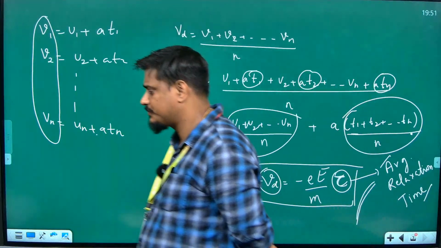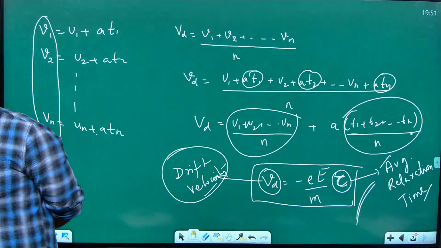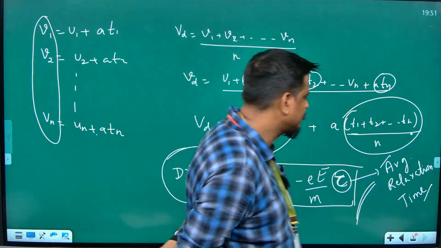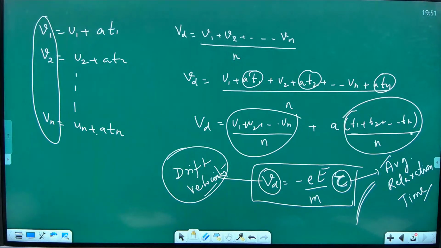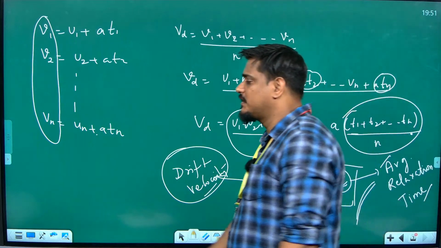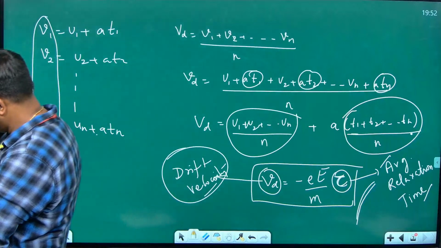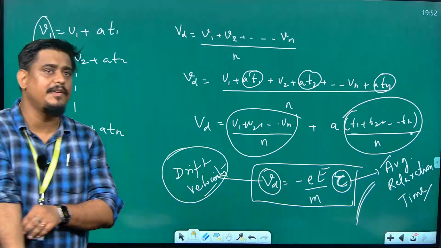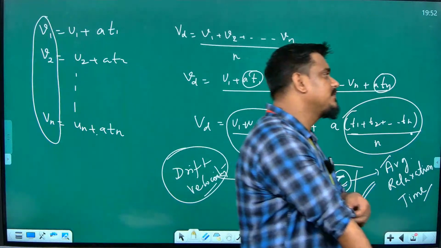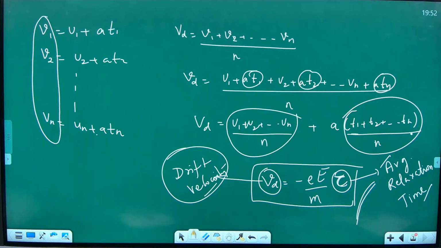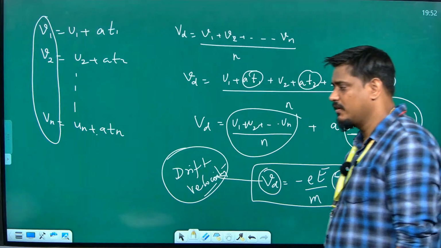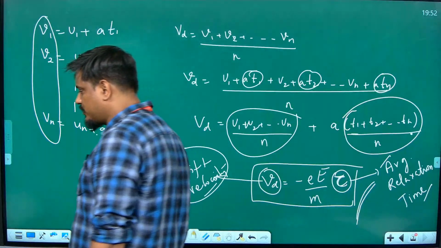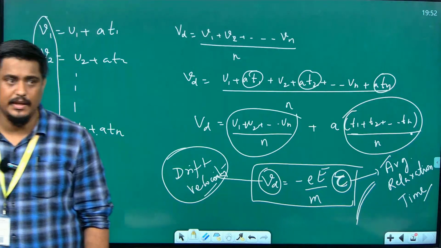It is the average time between the successive collisions of the electrons.